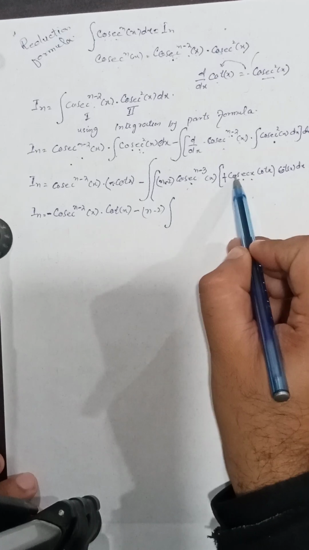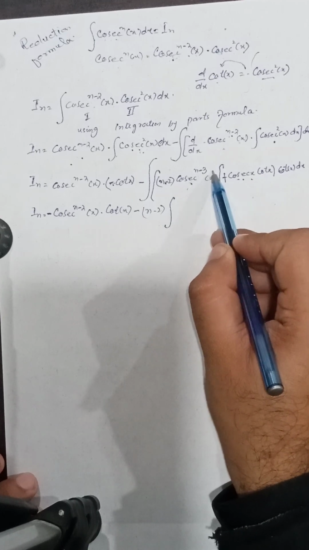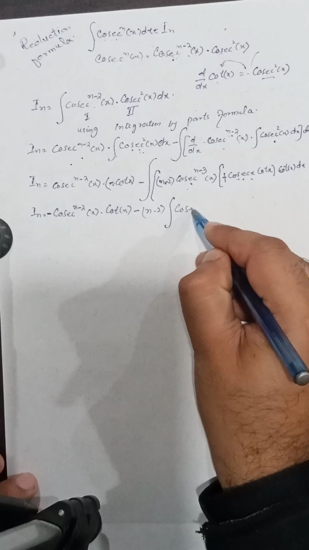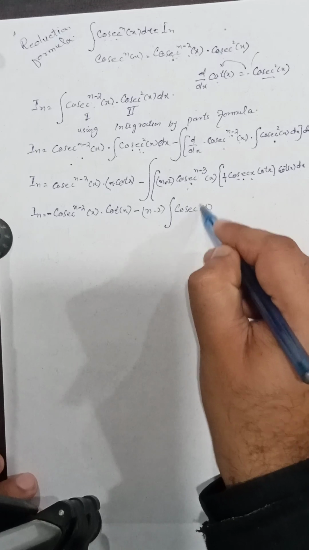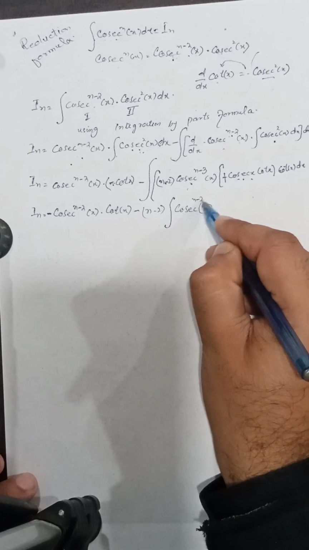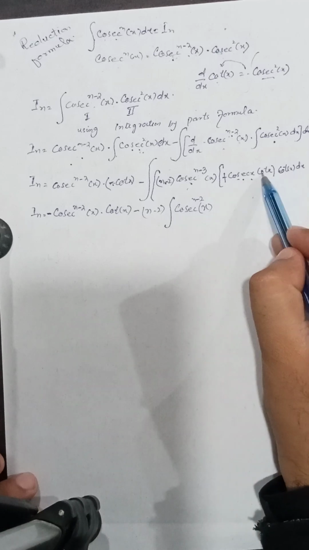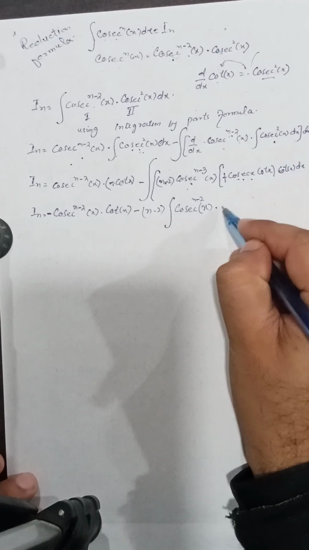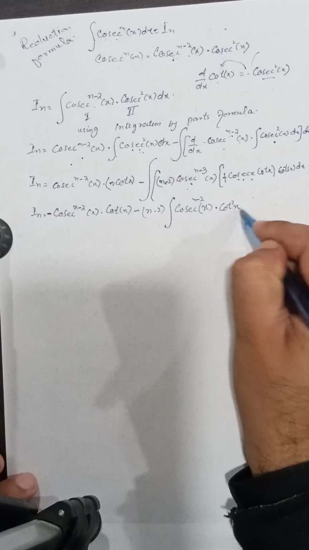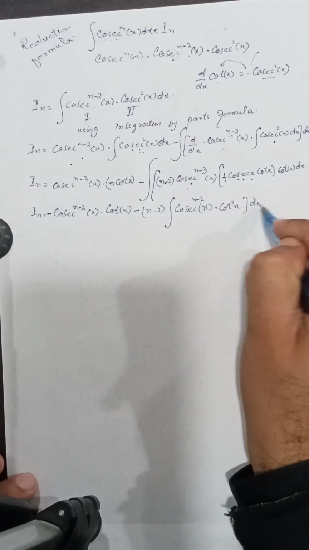The bases are the same so the powers will be added, so n minus 3 plus 1 will be equal to n minus 2, so cosecant power n minus 2, and cotangent x with cotangent x is cotangent square of x dx.